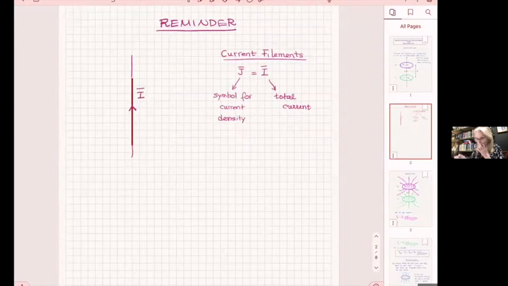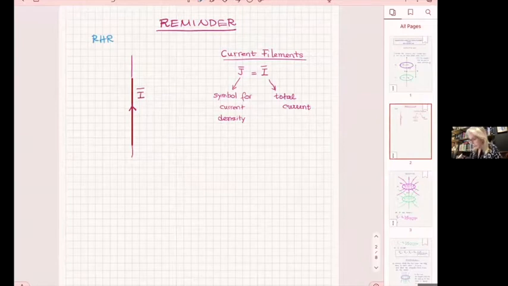Now let's try to find the magnetic field from this current. The magnetic field, how do we find it? From the right-hand rule. What is the right-hand rule telling us? It's telling us that when you have a current that flows along the direction of your thumb, of your right hand, the magnetic field is circling this current along the direction of the other fingers.